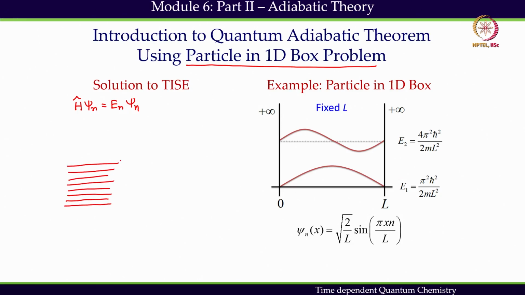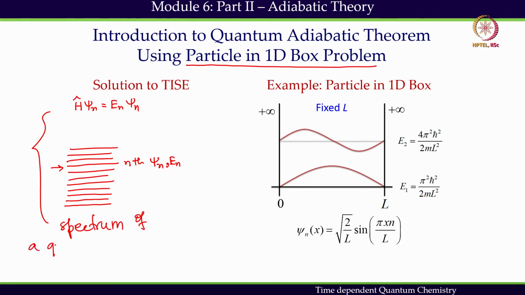Let's say this one is the nth eigenstate, which has the wave function psi n and its energy En. That's the entire spectrum of a quantum system, obtained from the solution of the time independent Schrodinger equation.